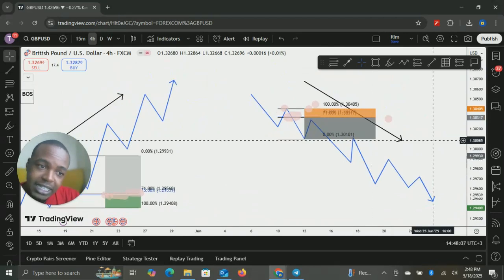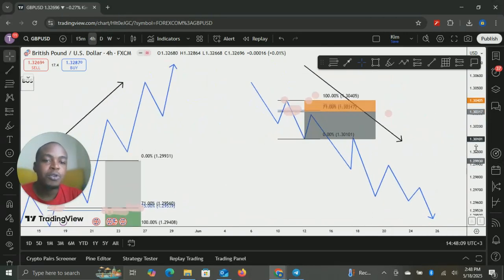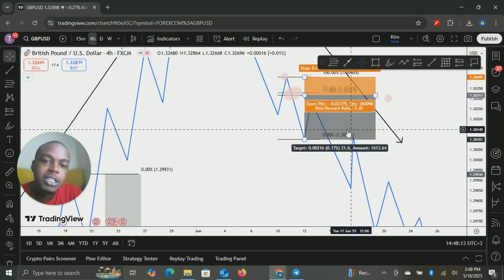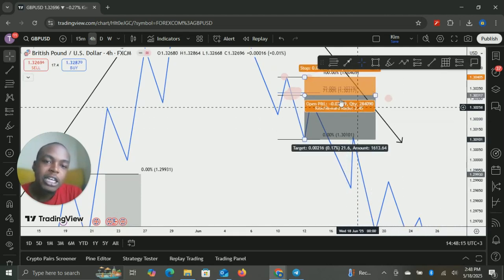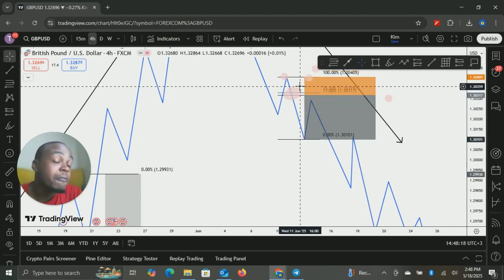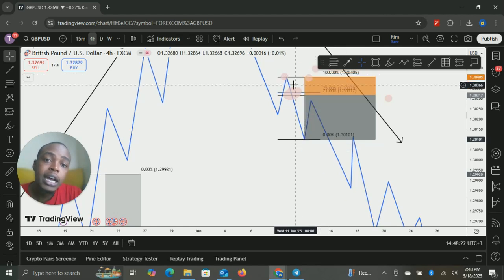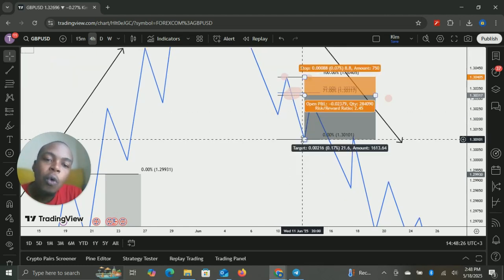But you must backtest so that you can see and you can know your strategy. And if it's a bear market, you take your trades and you take your fib retracement tool. This is not an indicator. You draw it from the lower high to the lower low.